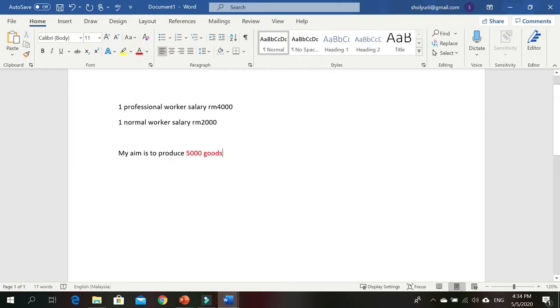One professional worker, nama dia pro kan, capability dia, they can produce 5,000 goods. One normal worker, capability dia, dia boleh produce 2,500 goods.